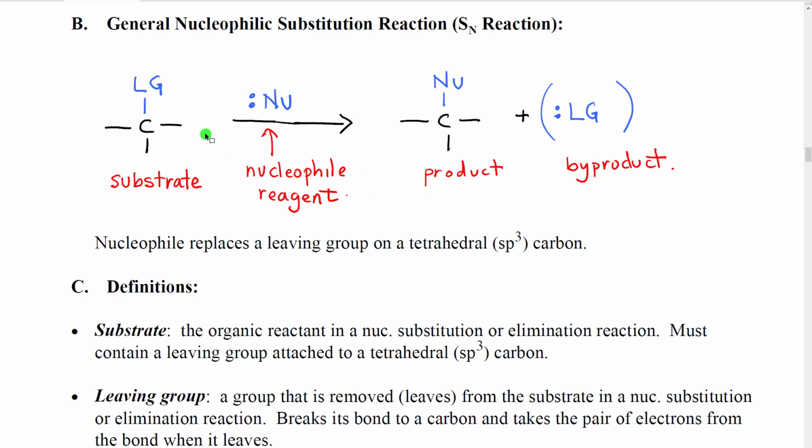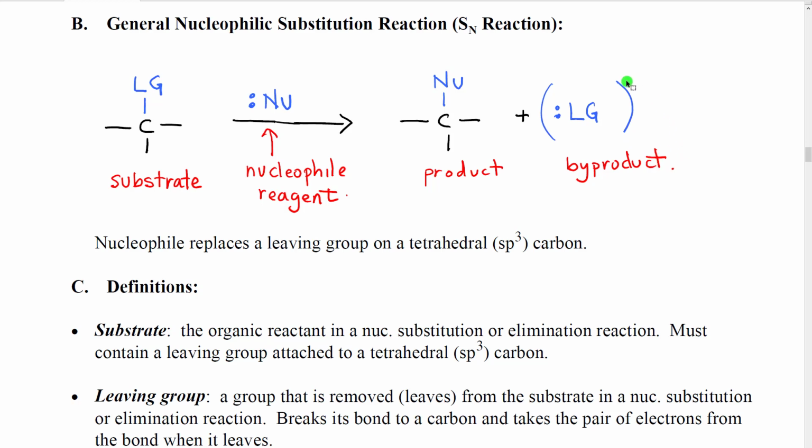In the overall reaction then, what we see is the substrate loses the leaving group, and the leaving group is replaced by a bond to the nucleophile. So at the end of the reaction, the leaving group is detached from the substrate and it's present in the reaction mixture.